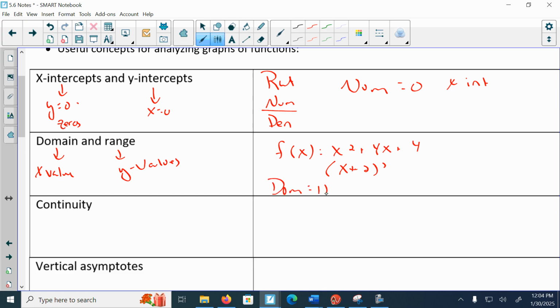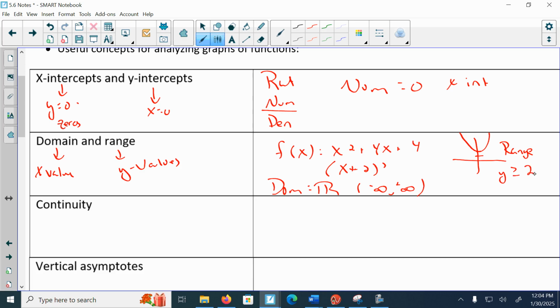I can write that as negative infinity to positive infinity, because I can put in any x values that I want. If I graph it, it's going to be a parabola something like this. So my range is going to be my y values, which is y is greater than or equal to 2. So that's going to be my range.